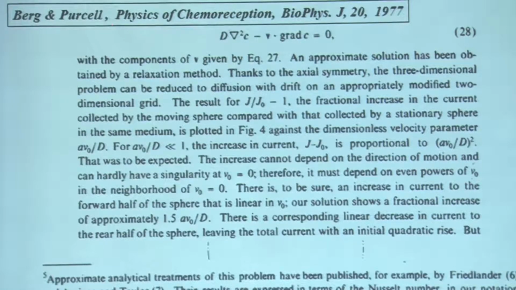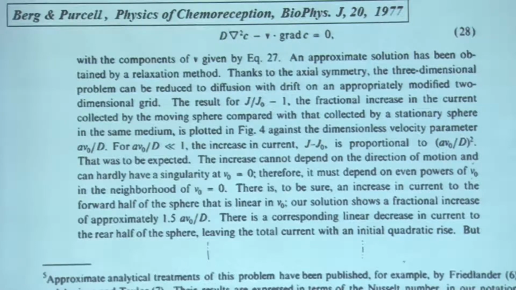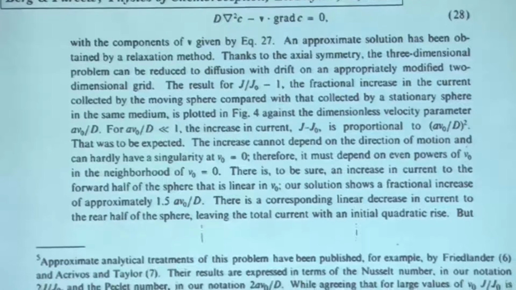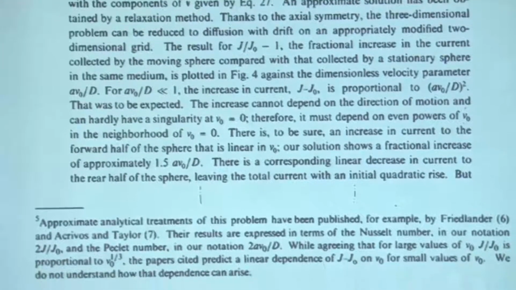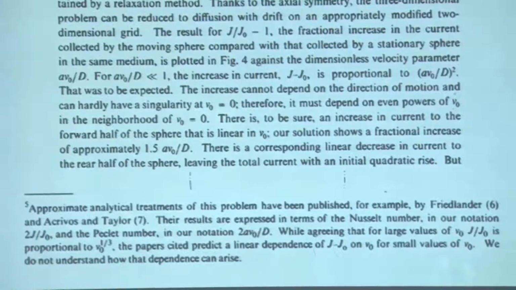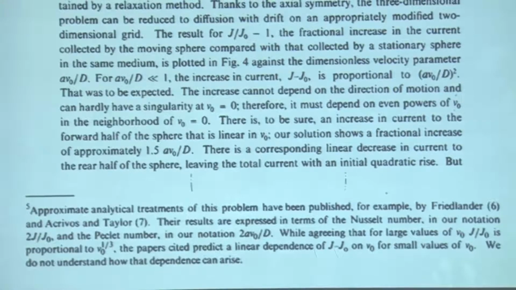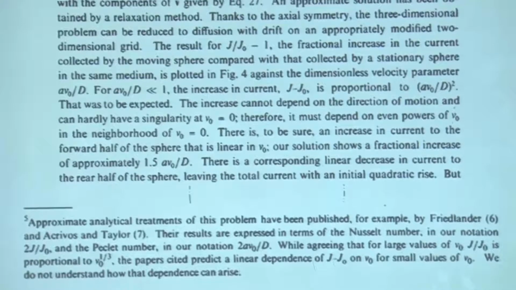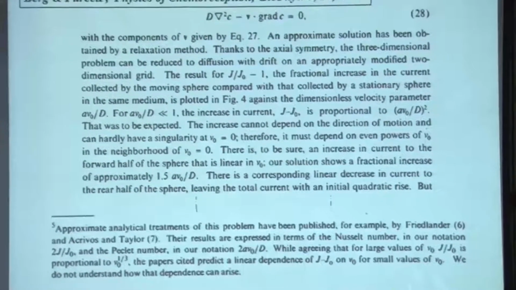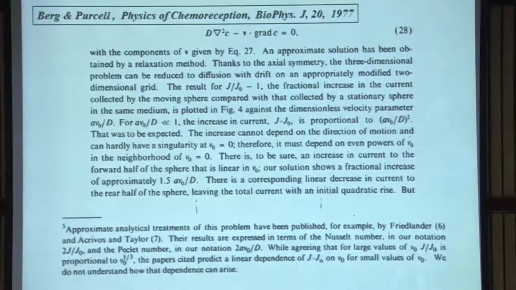He won the Nobel Prize in 1952 for NMR. But what most of you might know him by is the really nice article that he wrote about life at low Reynolds numbers, 1976. It's a beautiful article, and he also has a very good book on electricity and magnetism.